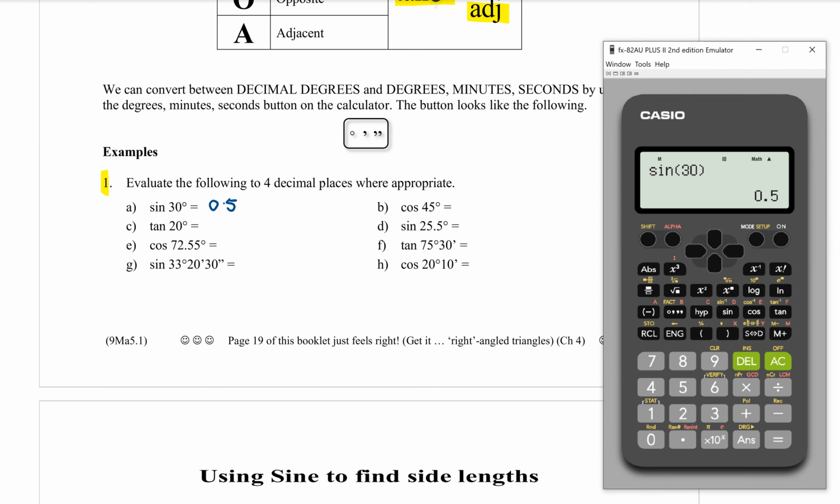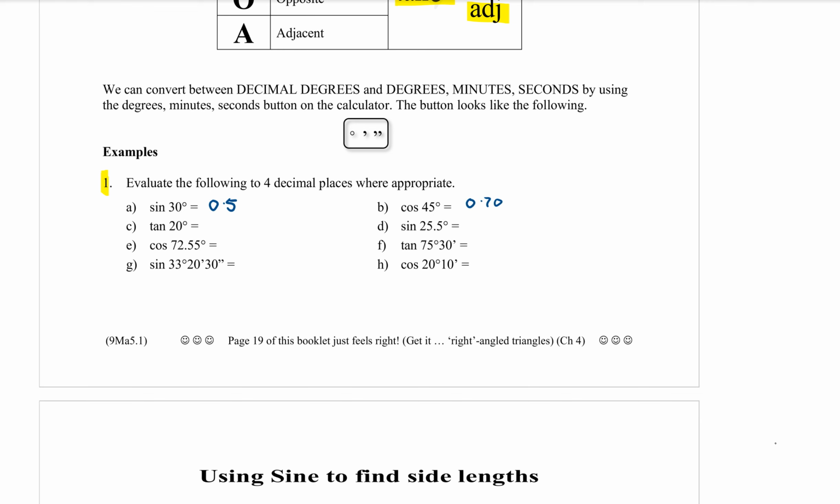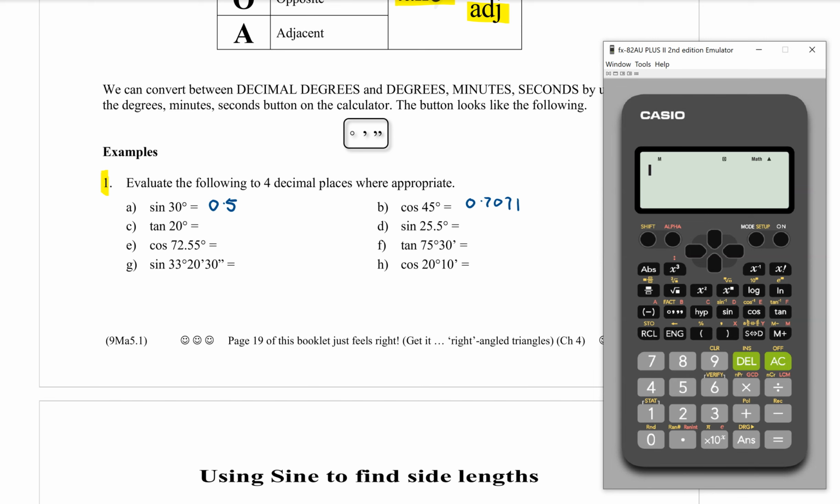Type in the next one. Part B is cos, so press the cos button, 45, equals. So that would be 0.7071. The next one, we want tan of 20 degrees equals.